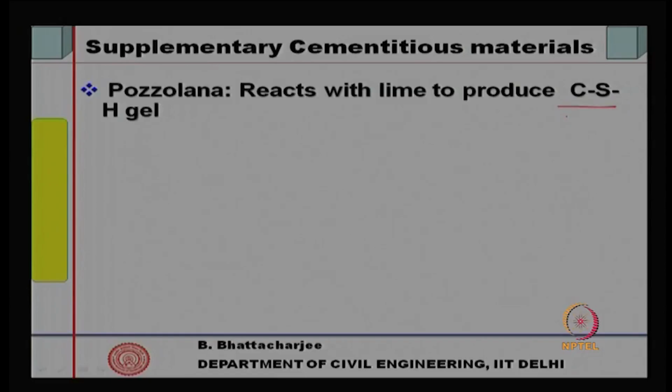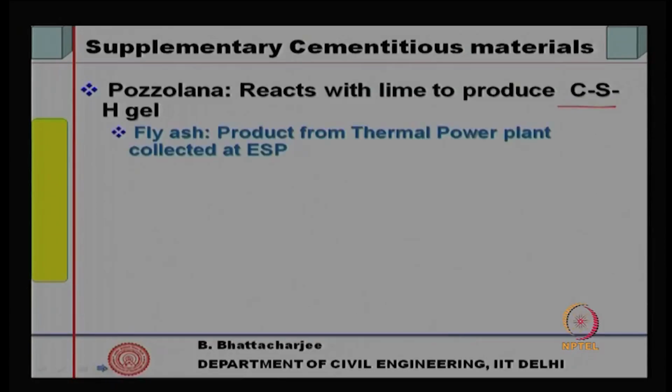Surki, of course, is not natural pozzolana. So, there are many natural pozzolanas, but there are certain other industrial products. I will not call it waste nor byproduct, but industrial product, because for a student of concrete technology it is not a waste product, though a thermal power plant would of course treat this material as a waste.